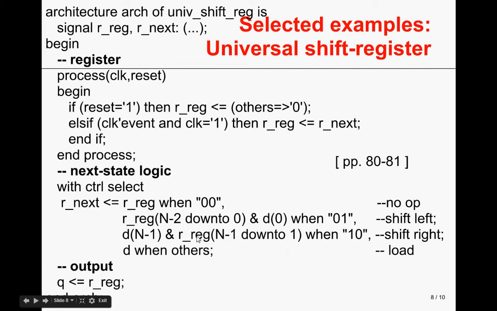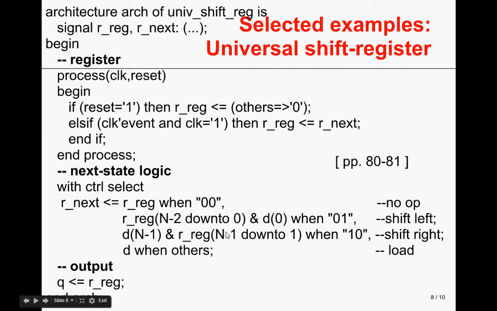So all bits will shift left one position, meaning that the bit that will now be in position 0 is the one that was previously in position 1. They will all have shifted one position to the right, and the leftmost bit will be taken by the most significant bit of the parallel input.